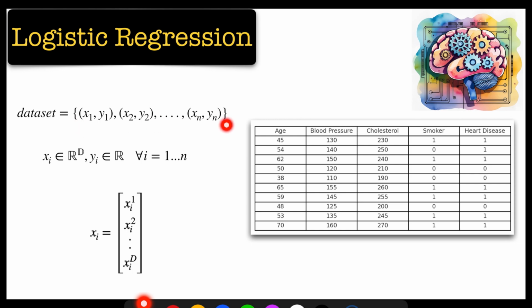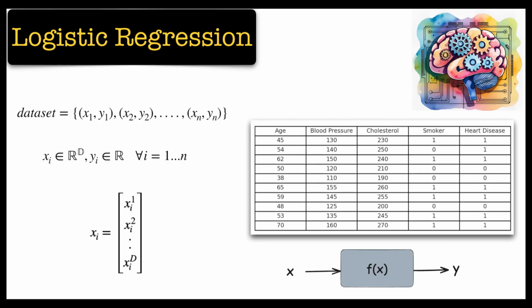We have n data rows (x1, y1), (x2, y2) till (xn, yn), where xi's are the input and yi's are the output label. Xi is d-dimensional because we have age, blood pressure, cholesterol and smoker, these 4 attributes for input, right? So here in this case, input will be 4 dimensional. So for any xi, where i is from 1 to n, xi is xi1, xi2 till xid for d dimensions.